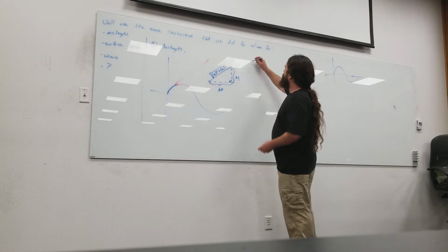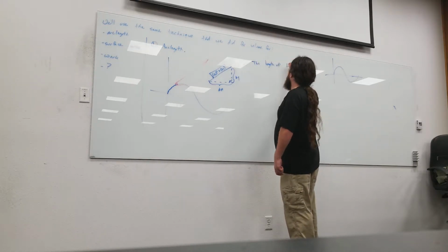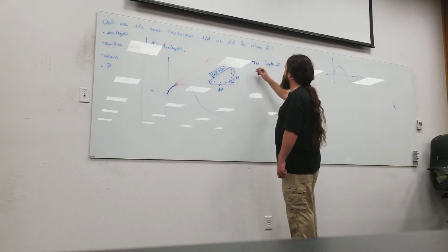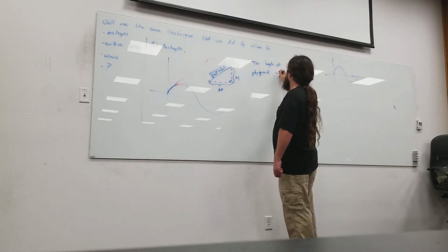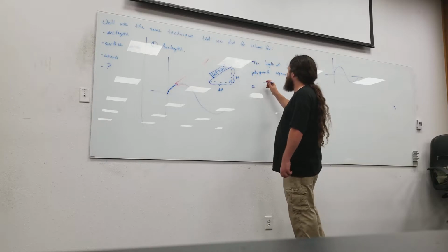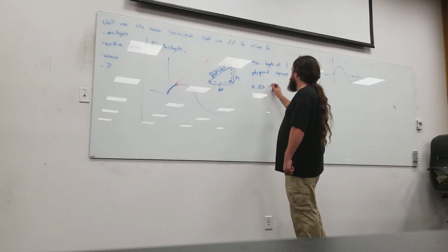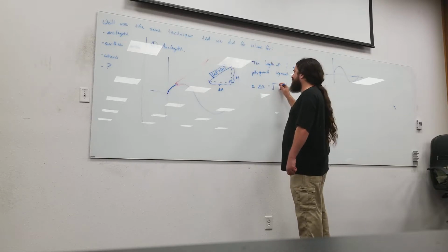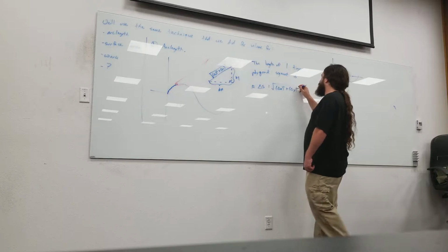So the length of one tiny, let's call it a polygonal segment, so let me call it delta S. It's going to be square root of delta x squared plus delta y squared.